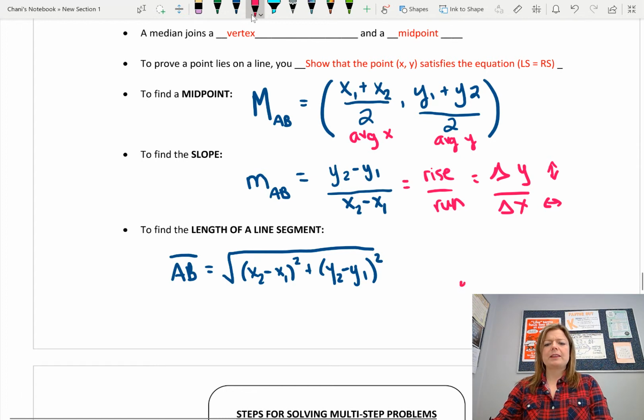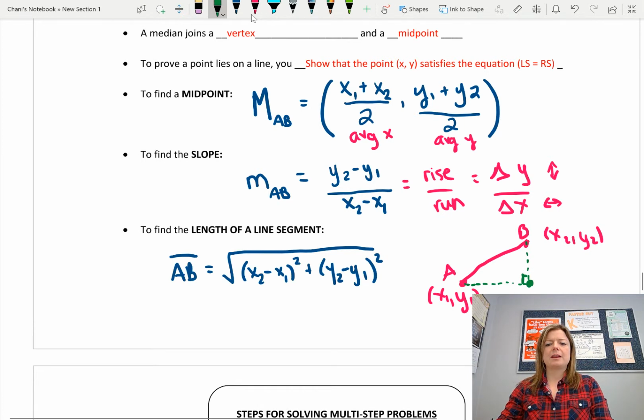Now, let's remember where this distance formula comes from. Again, you will be required to understand how we came up with this formula and not just how we use it. So if you're trying to figure out the distance between these 2 points, A and B, recall that this is just Pythagorean theorem. So you're just creating a right-angled triangle. Okay, and this third coordinate would have the same x value as here and the same y value as here.